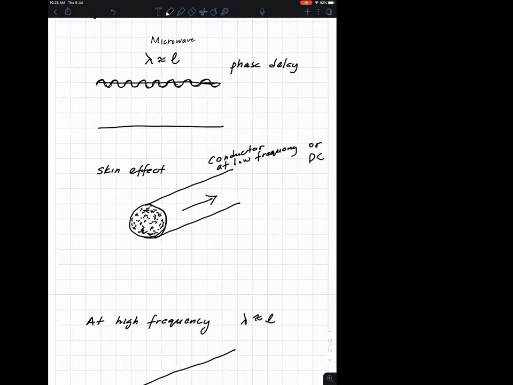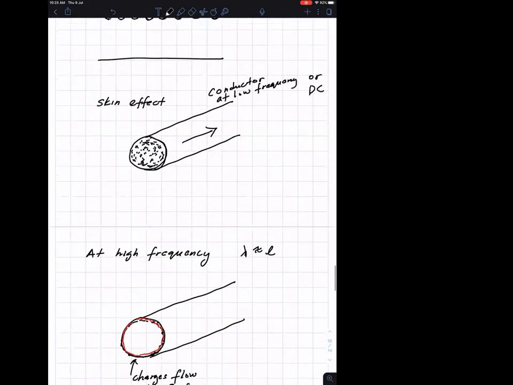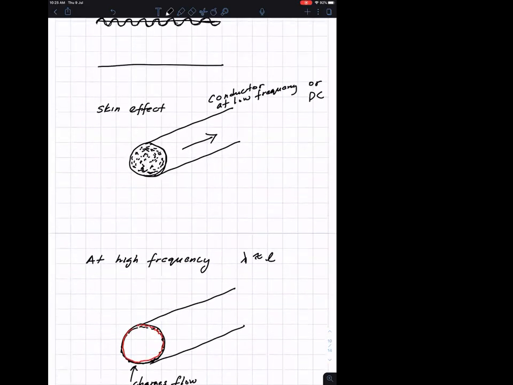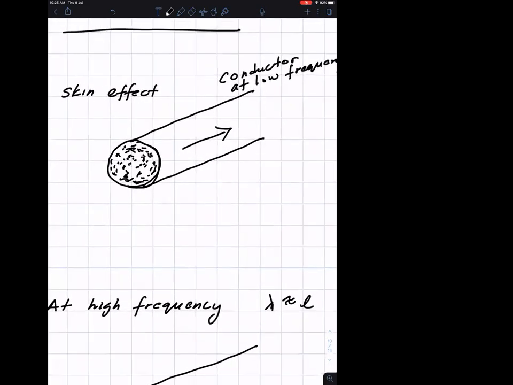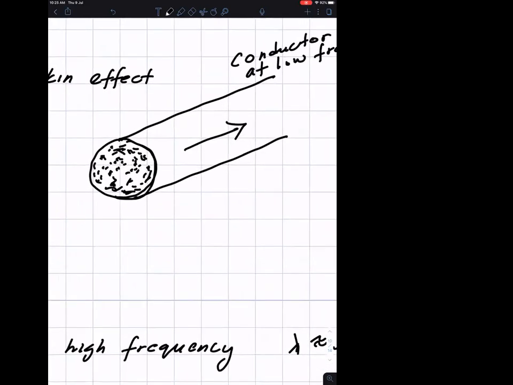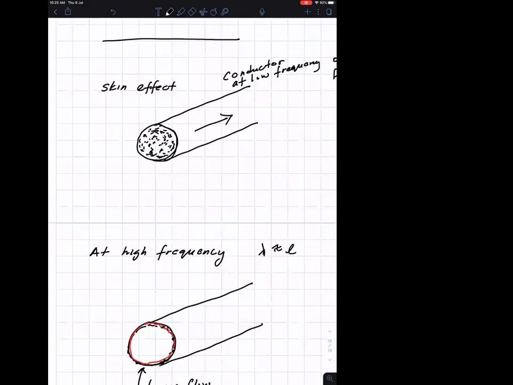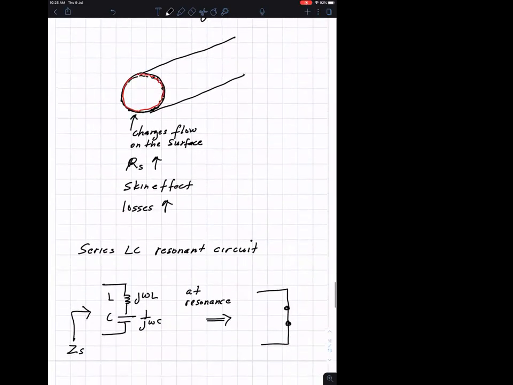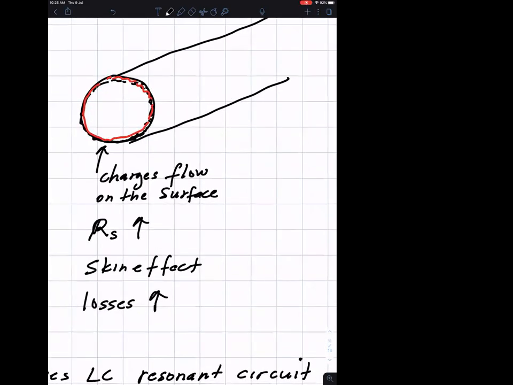Some of the effects we talk about now, one of them is the skin effect. We talked about this earlier. At low frequencies, all the charges will flow across the conductor. However, at high frequencies, the charges are pushed to the surface. Current is the rate of flow of charges, right?